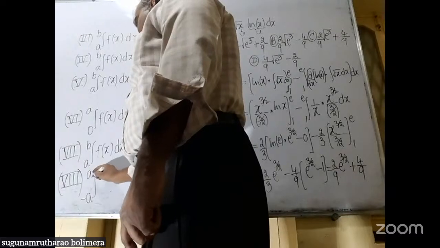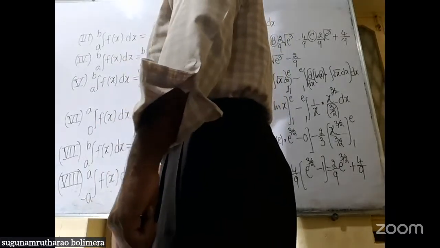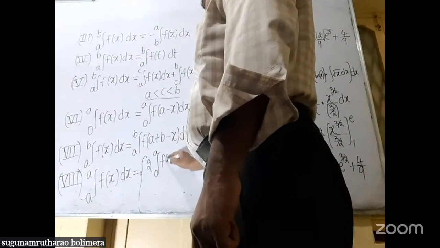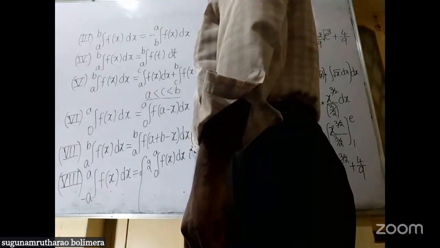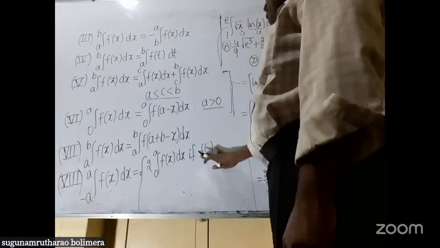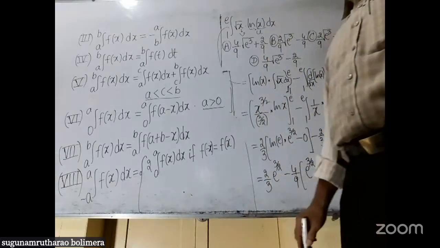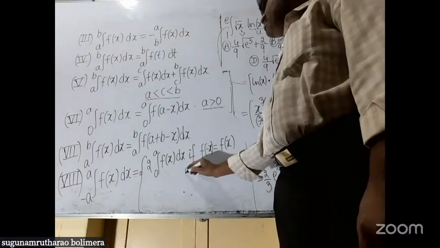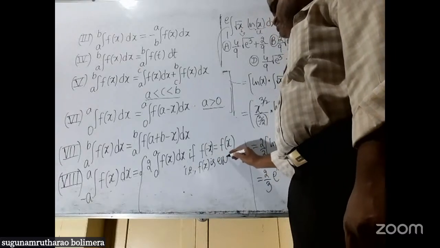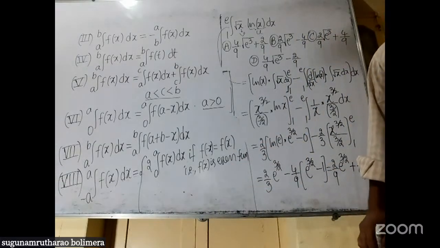Integral from minus a to a of f of x dx equals 2 into integral 0 to a f of x dx, if f of minus x equals f of x. That is, f of x is an even function.